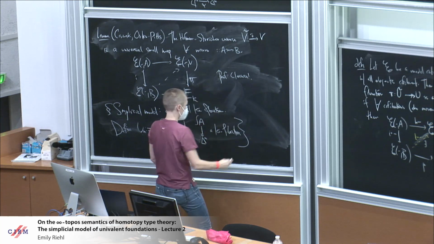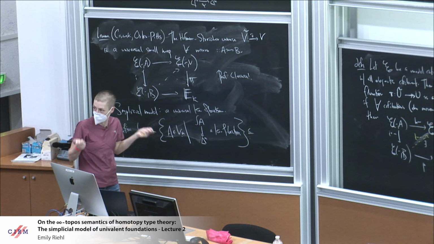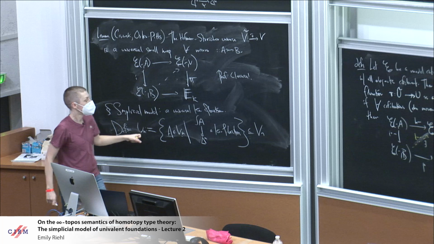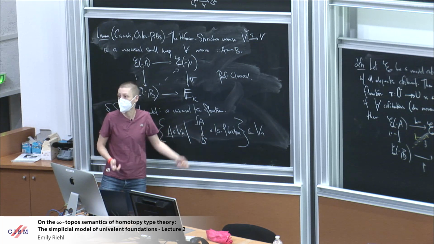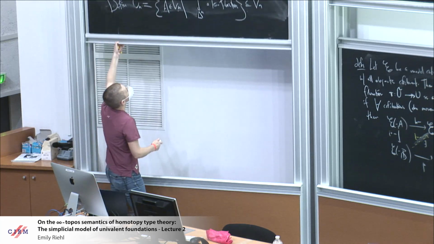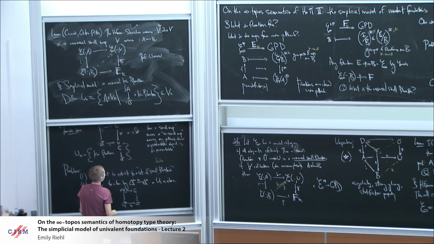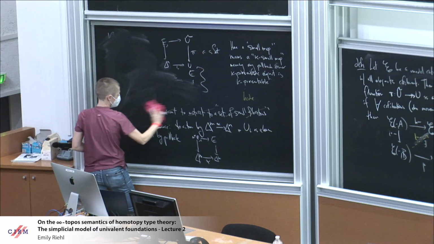So I'm making a set theoretical definition because I'm working in a category of sets. We're working in simplicial sets now. So I'm defining this U in such a way as to be a simplicial subset of V. This definition gives me a simplicial set U together with an inclusion into V. And I'm going to obtain the universal fibration, the map part of this, just by pulling back.